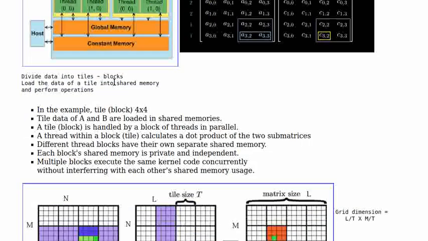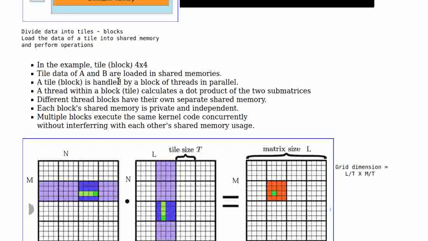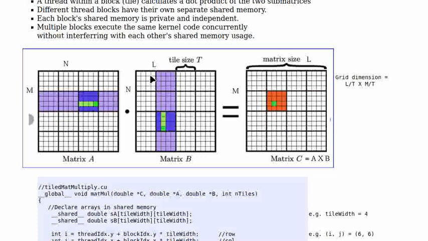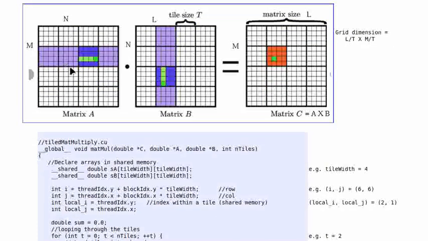So let's see how we can make use of this to do tiled matrix multiplication. Now here's an example of dividing the matrix A and matrix B into blocks of data. In this example, each block is 4 by 4, or each tile is 4 by 4, and the same for C. So in this example, the tile size T is 4.